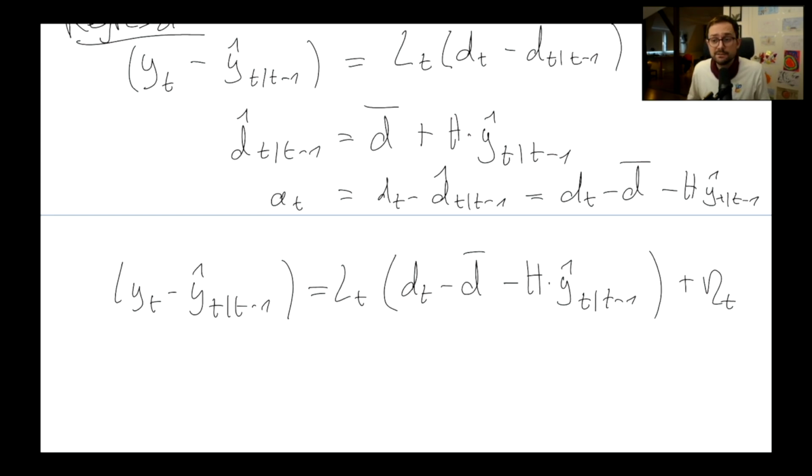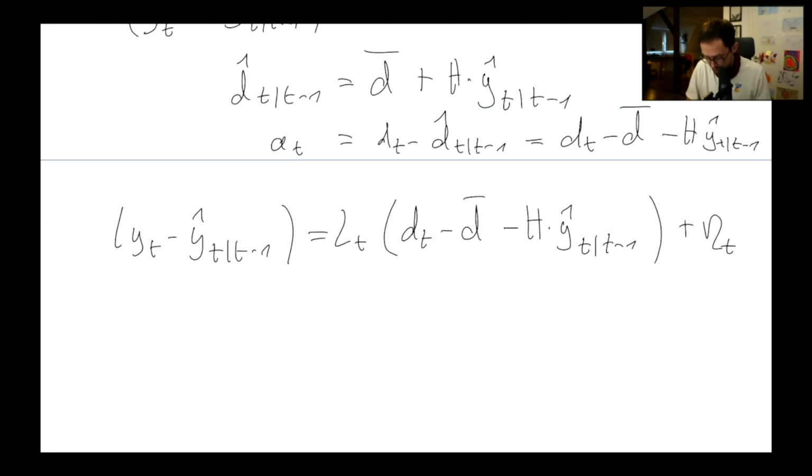We don't have data for yt to actually run and compute the regression coefficient Lt. But let's go forward with this. If we somehow knew Lt, so it's a linear regression and we get like the best linear unbiased estimator for this Lt, we could form a forecast of our forecast error for the state.